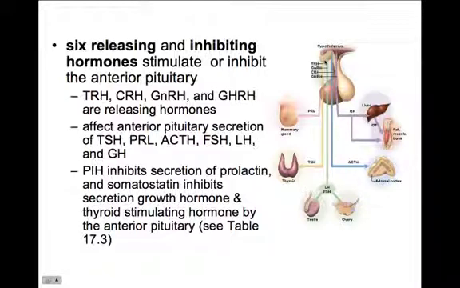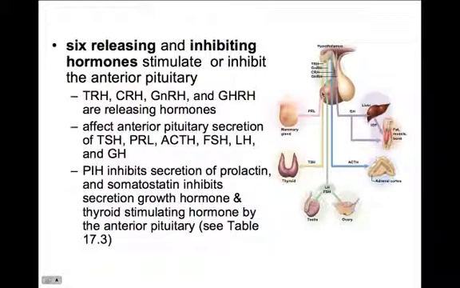So let's look at TRH as an example. Thyrotropin-releasing hormone is released into the capillary bed of the hypothalamus, and it moves down through the hypophyseal portal system into the anterior pituitary, where it stimulates the release of thyroid-stimulating hormone.